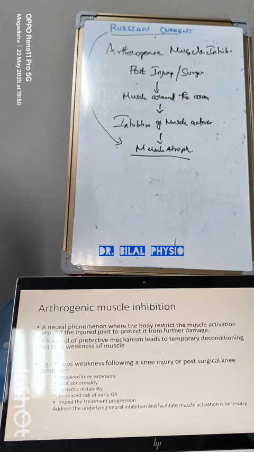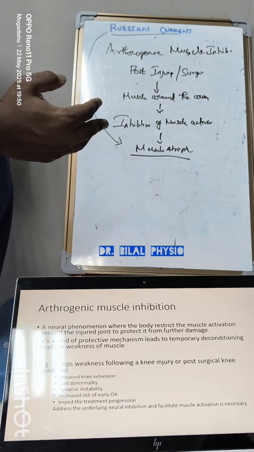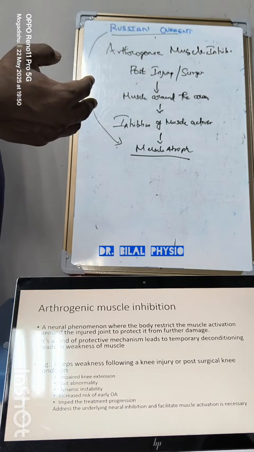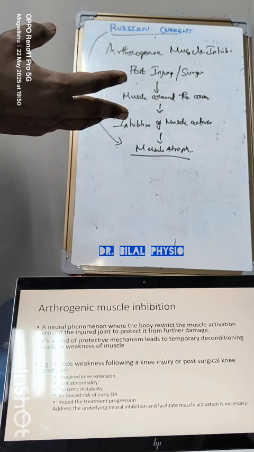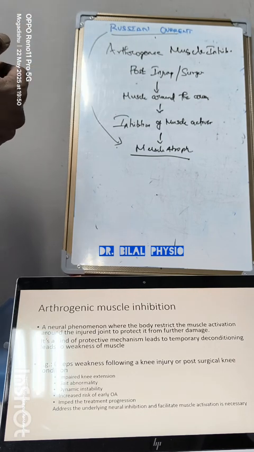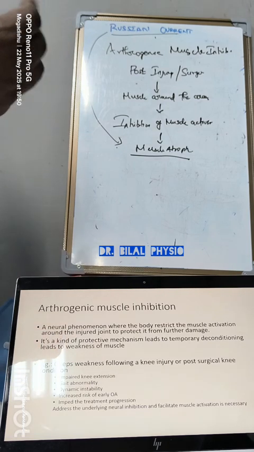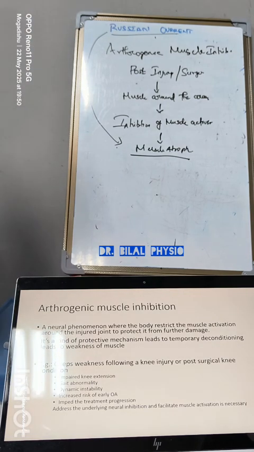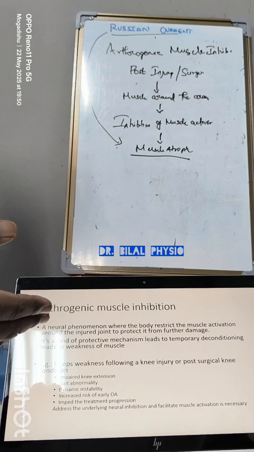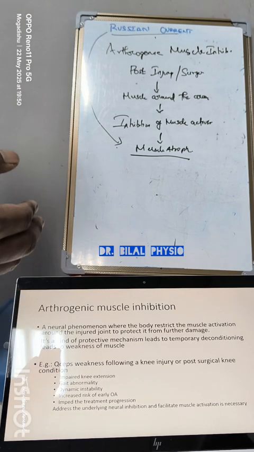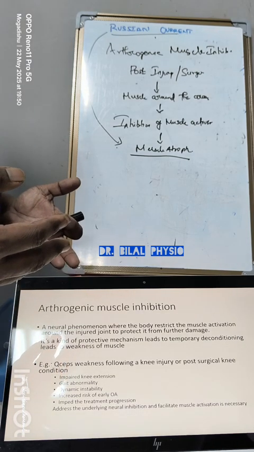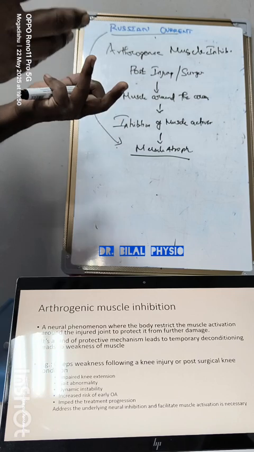So it's a kind of protective mechanism which may lead to temporary deconditioning. Deconditioning means the muscle does not become active, like it's lazy. So this will cause the muscle to atrophy and weaken. What happens in case of weakness? This will cause impaired knee extension, or impairment in the particular area where the muscle is involved.